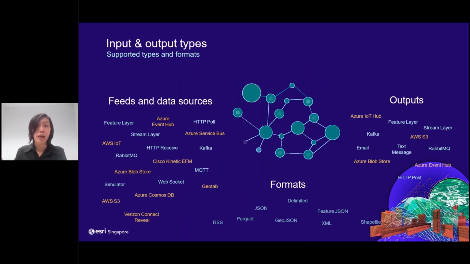You will see on this slide, which summarizes the input data sources that are supported by Velocity, the different data formats that the feeds can come in, as well as the outputs that Velocity can write into. You will see that we support common IoT platforms like Azure Event Hub, AWS IoT, and Kafka, as well as message brokers like MQTT and RabbitMQ, and data sources like Geotab.